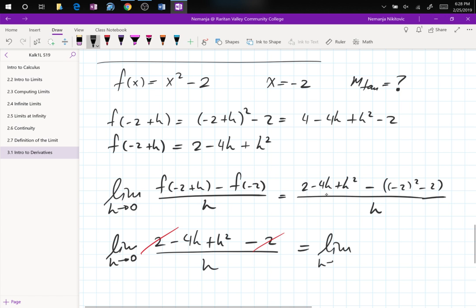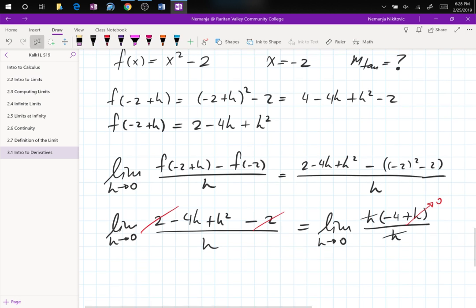So you factor h, you are left with -4 plus h divided by h. So these drop, and this one goes to 0 because of the limit, because h goes to 0.